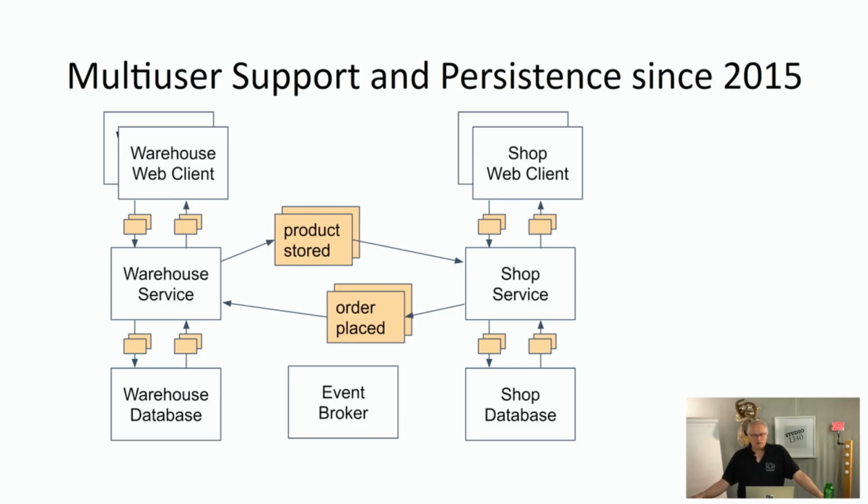The problem here is now that these two programs need to collaborate. So there is an order coming in here, or there's a pallet of shoes coming in here. The warehouse puts it somewhere in its store, and then it tells the shop, hey, we could now sell some 100 shoes.